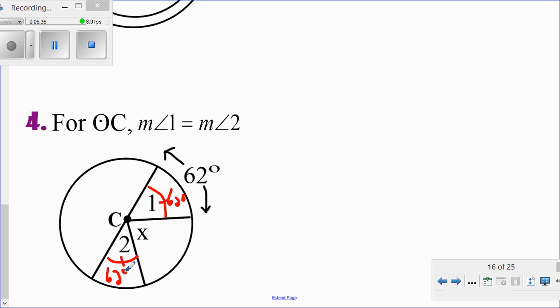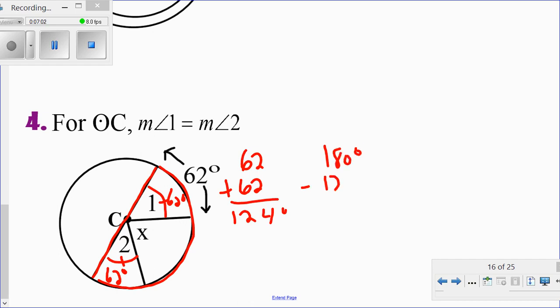I can also see that we have a diameter here, so the intercepted arc of the diameter will have a measure of 180 degrees. If I already have two 62s, I'm going to add those together to get 124 degrees, and subtract that from 180 to find the measure of not only this intercepted arc here, but also the central angle marked with an x.